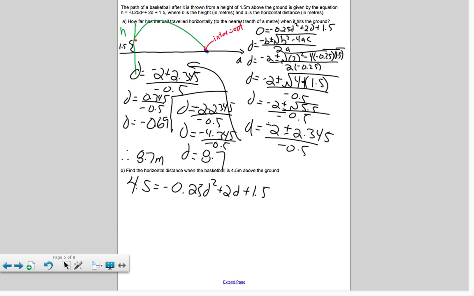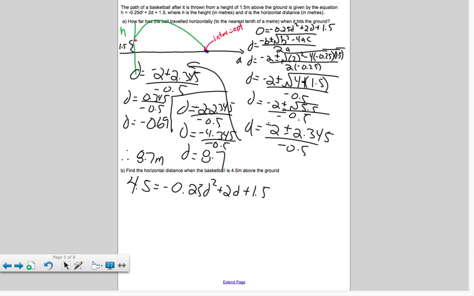How's that going to help us? We've got that squared that's messing us up, right? We wouldn't bring the 4.5 across. We don't bring things across in math.